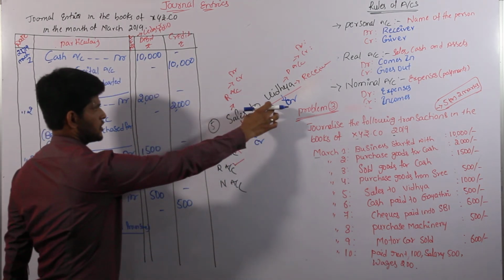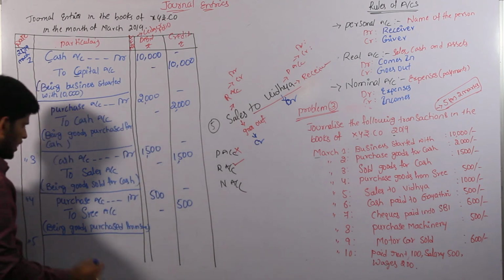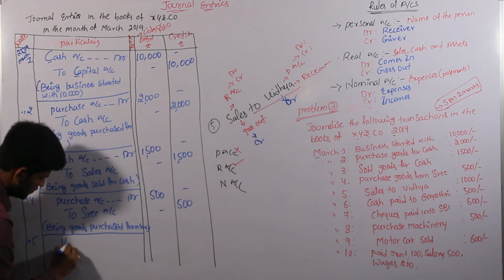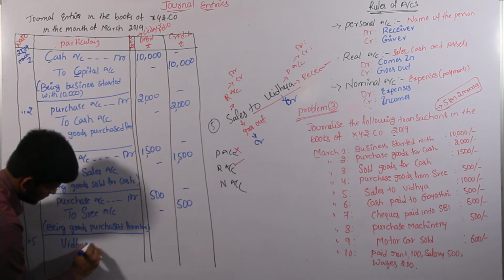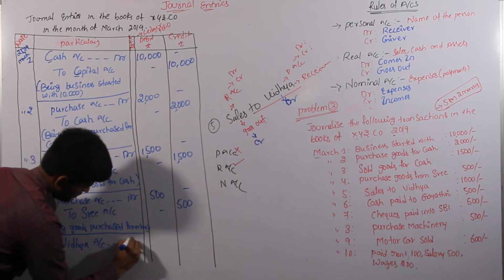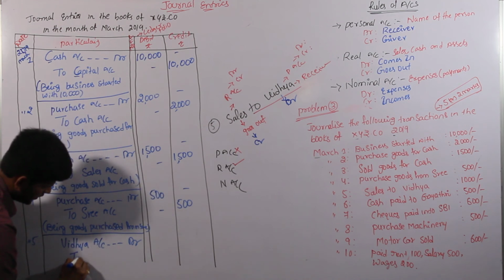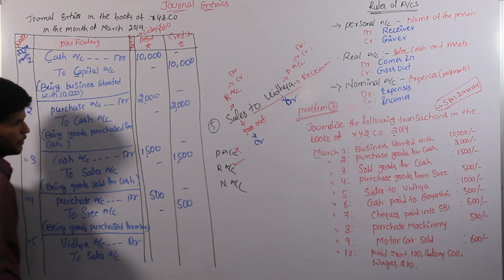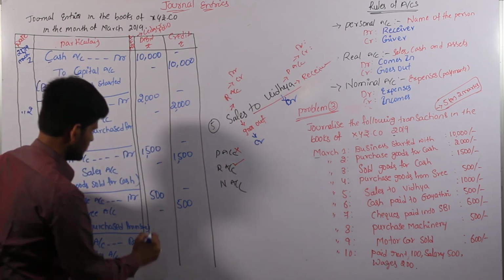And come to the transaction will be converted into the entry as Vidya account debit to sales account. The worth of transaction is 1000.